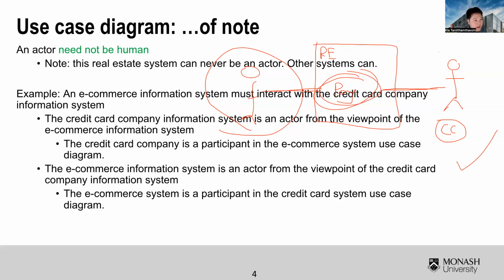Yes, okay. And another question here, if there are 50 use cases, do we need to draw 50 separate use case diagrams, or can it be part of one diagram, including many use cases between the actor and one participant? Ideally, we should include everything into one system.